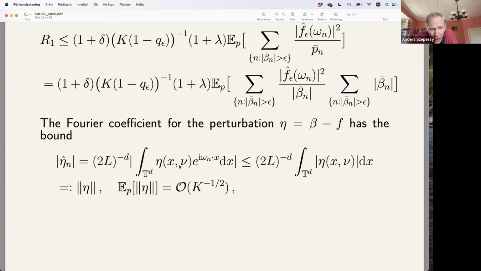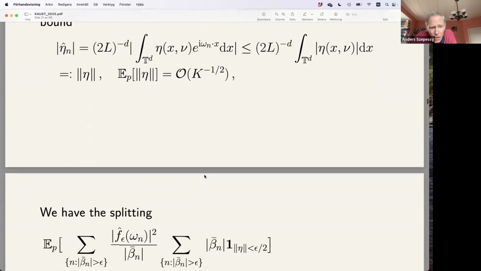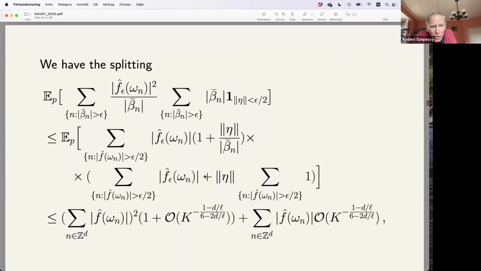And if we use that to estimate the Fourier coefficient related to the difference, that estimate gives the Fourier coefficient decays like 1 over square root of k for all frequencies. Okay, so that is important to know.